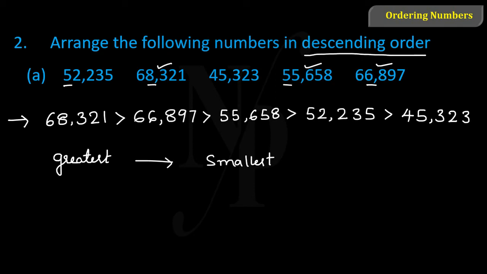Like this, we have to compare the given numbers by looking at the digits at highest place, and then after comparing we should find the greatest among the given numbers, and we will arrange the given numbers from greatest to smallest, which will give us the decreasing order of the given numbers.